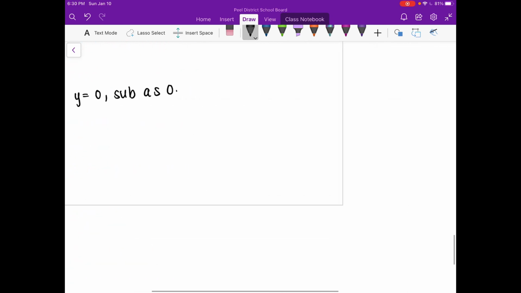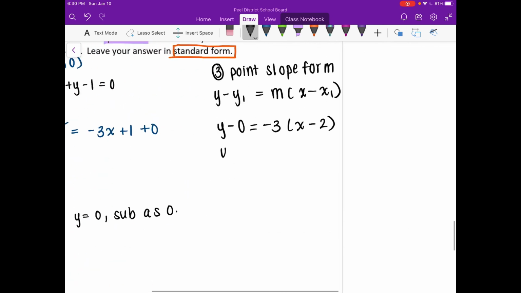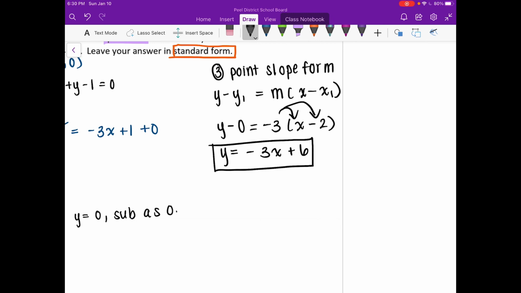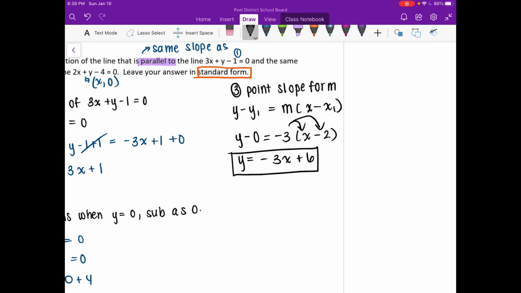Because I had 2 and 0. So I have y equals negative 3x, because I did negative 3 times x, and negative 3 times negative 2 is going to be positive 6, right? So I'm left with negative 3x plus 6, and that's my equation of the line. That is in y-intercept form.